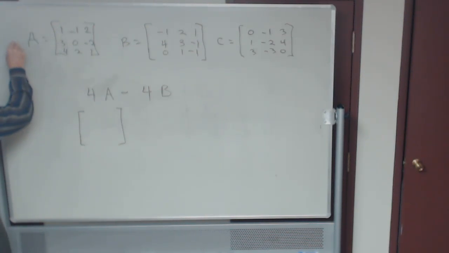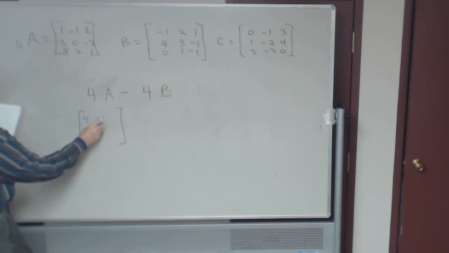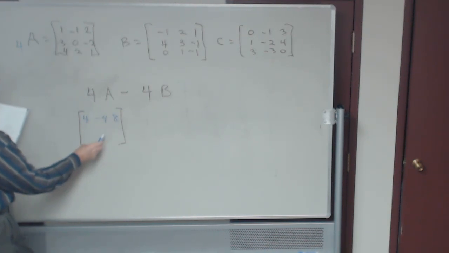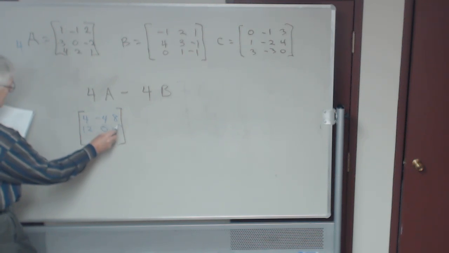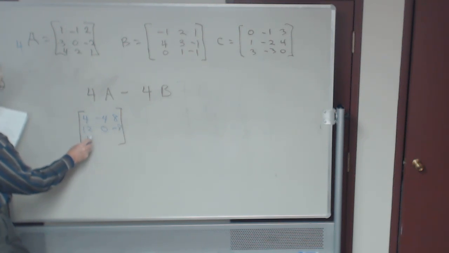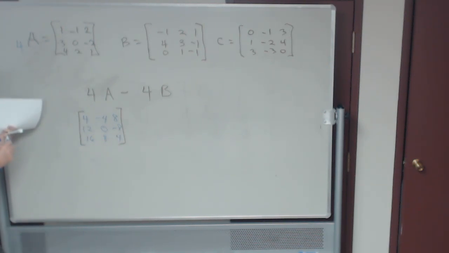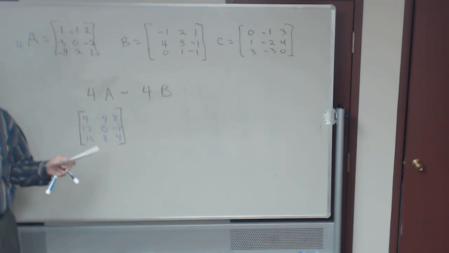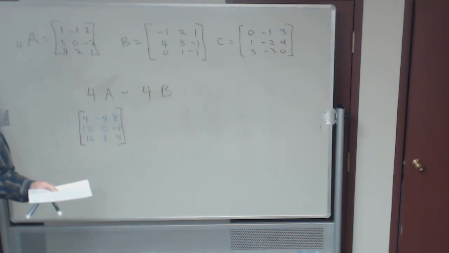What's 4 times A? 4, negative 4, 8. 12, 0, negative 8. 16, 8, and 4. Beautiful.